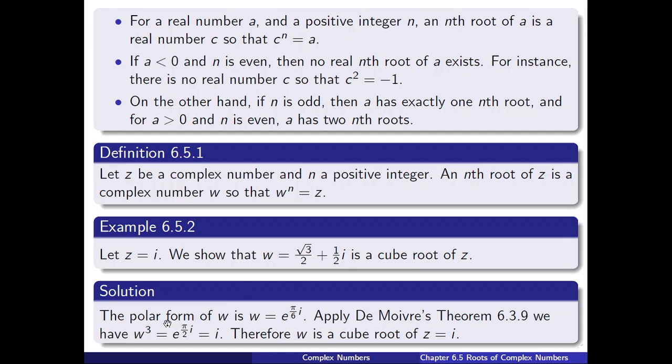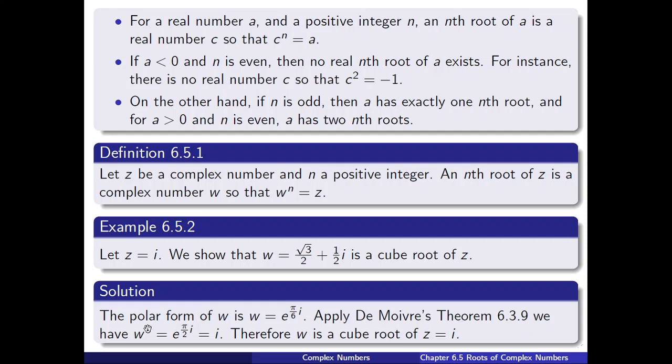Well, we'll start off by writing w in polar form, and it is equal to e to the pi over 6 i. If we find the r, we'll find out the r is 1, and then the principal argument is pi over 6. Now we apply de Moivre's theorem, that's theorem 6.3.9.